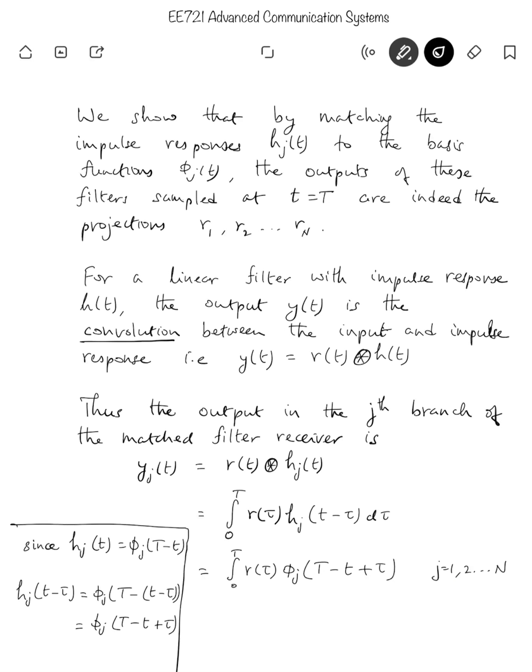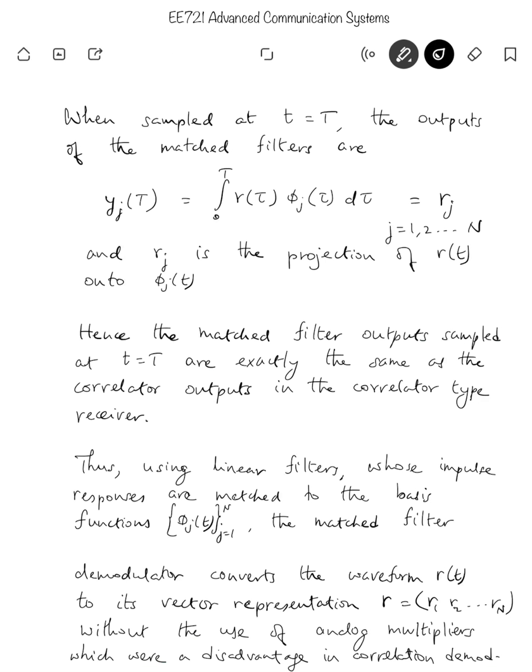So let us see now. By doing this procedure, we are now able to convert the signal R of t into its vector representation by computing the vector elements r1, r2, r3 up to rn, and we have done so without using any analog multipliers.